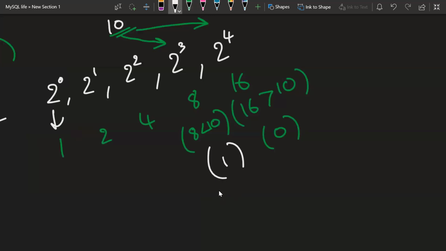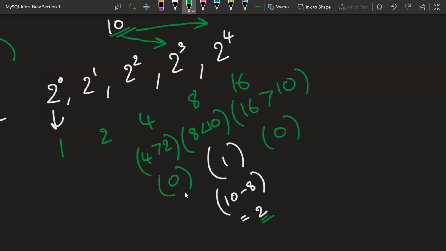Now after placing, I would like to have a subtraction here. That is 10 minus 8. What is the value? That is 2 here. So I would like to compare all the next numbers with this particular value, that is 2 here. So I would like to compare whether 4 is less than 2 or not. No, 4 is still greater than 2. So I would say it is not fitting. So I would mention it as 0. And I would like to move to the next level, that is 2.